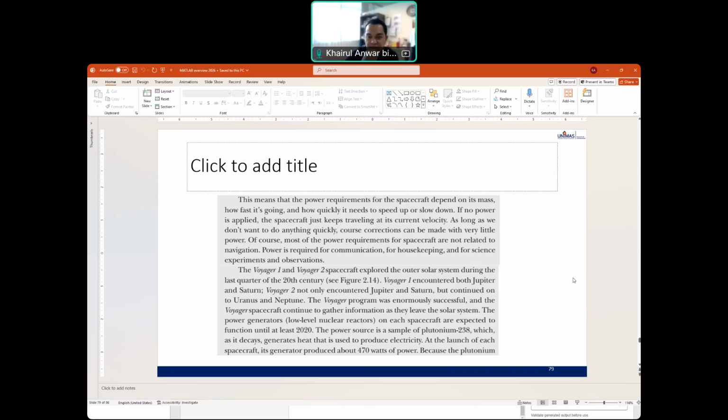The two spacecraft that explored the outer solar system are Voyager 1 and Voyager 2, which at the moment are traveling outside the solar system and can still continue.